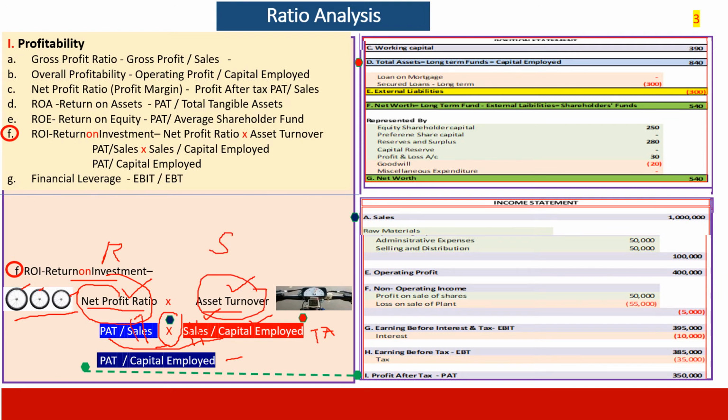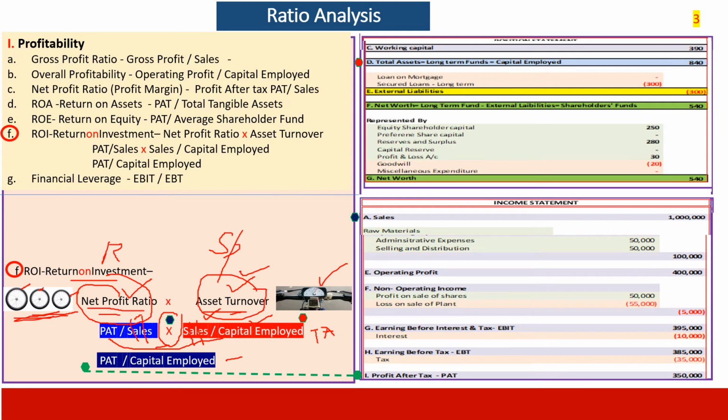If you take a bicycle, the wheelbase is net profit ratio. That is the capacity to run. How fast it runs, that is known as asset turnover. When the size of the wheel has the advantage of speed, it is nothing but net profit ratio into asset turnover, which leads to PAT over capital employed.